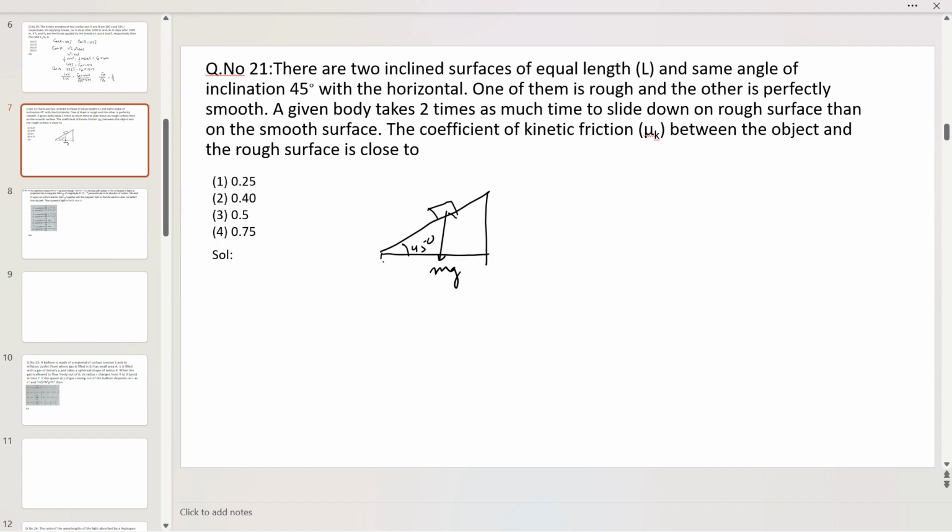Now it has two components. One is mg cos 45 degree, and another is this component, that is mg sin 45 degree, and here this is your friction F. This is 45 degree.